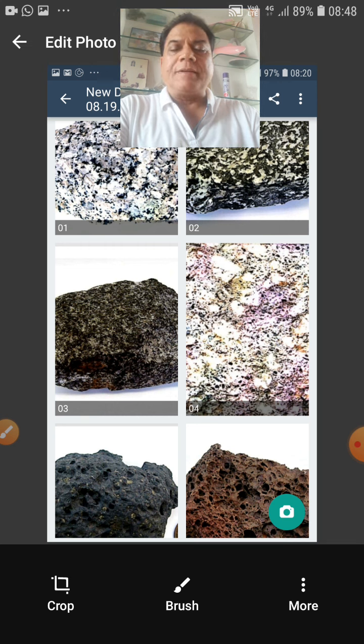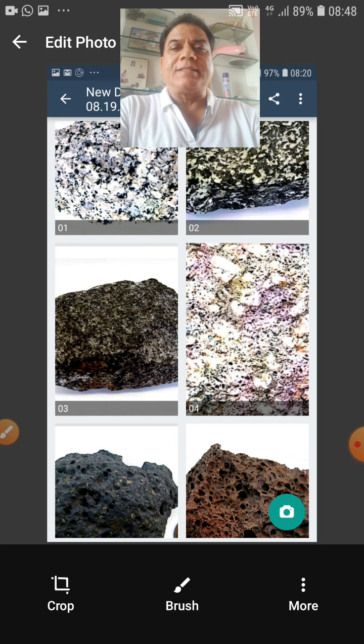The sample is around 1 to 2 kg and that we call a hand specimen. Now today we will discuss the identification of rocks in hand specimen.